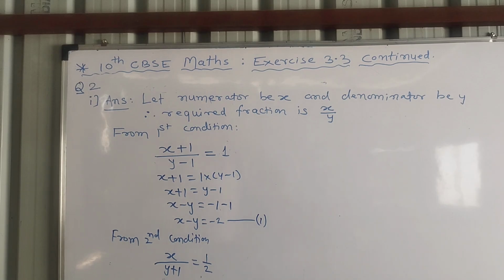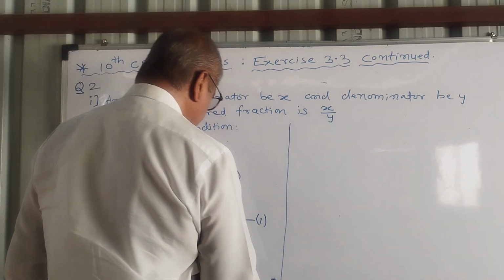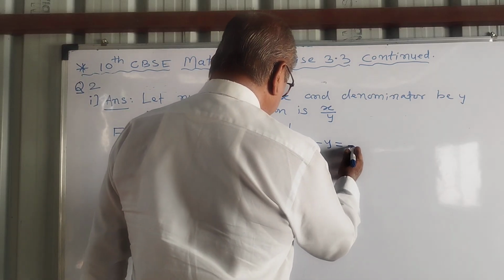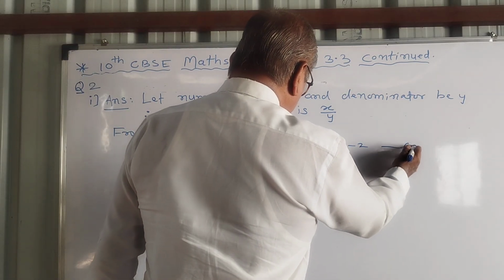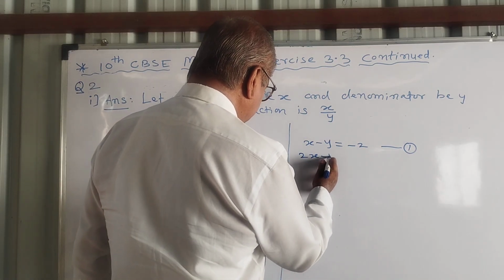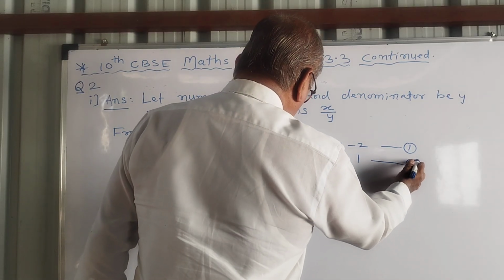Now solve those two equations by elimination method. x minus y is equal to minus 2, equation number 1, and 2x minus y is equal to 1, equation number 2.